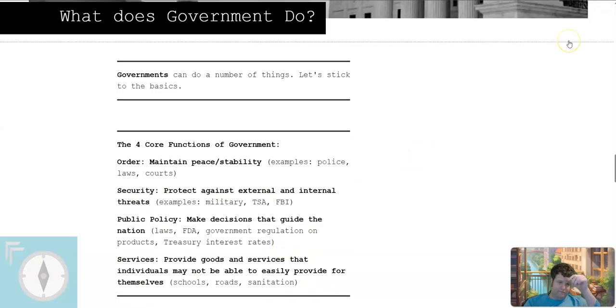Core functions of pretty much any government are that they look to maintain order, security, set public policy, and provide services. Let's break it down. Order. Maintain peace and stability. We're talking police, laws, court systems.